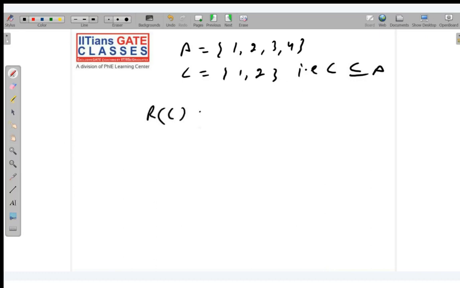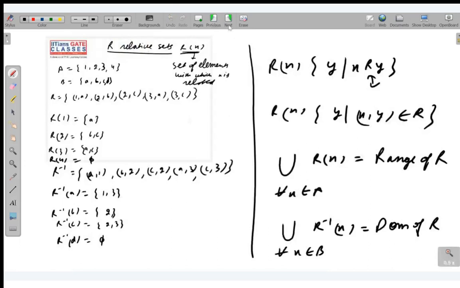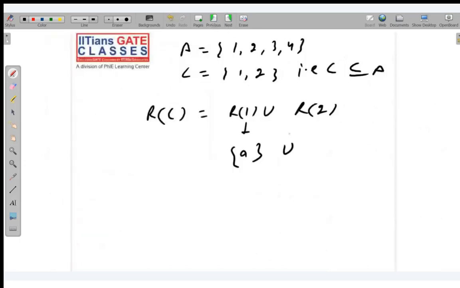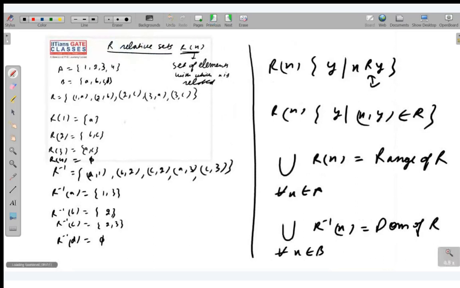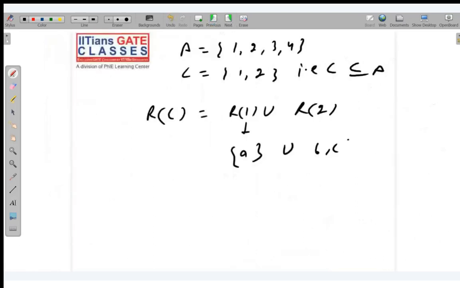R of C will be nothing but R of 1 union R of 2. R of 1, you can check this out, is A, union R of 2, which is B, C. So the union of these will be what? So finally R of C will be equal to {A, B, C}.